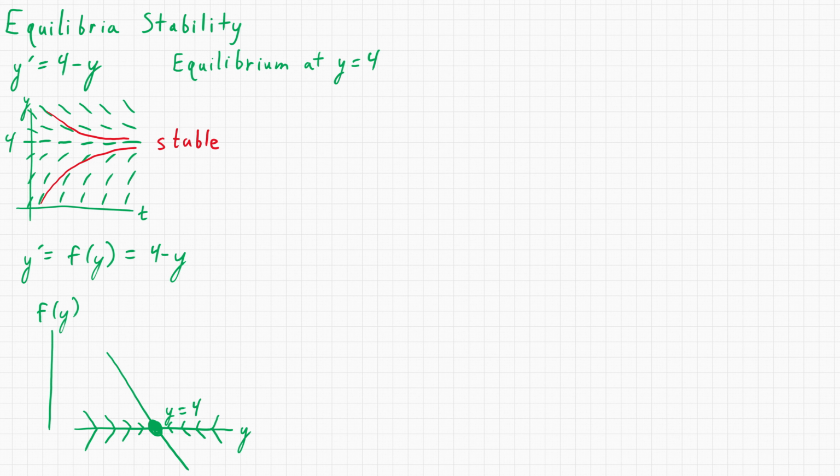Right, another way to tell that is, what is partial f, partial y evaluated at y equals 4, the equilibrium point. Right, and that'll tell us the stability as well.